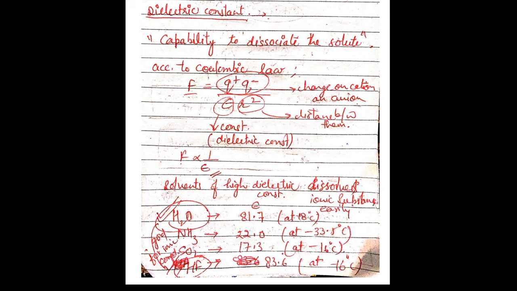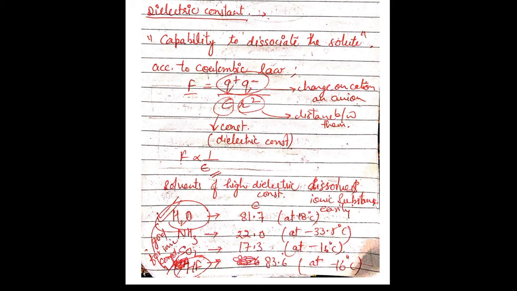According to Coulomb's law, shown in this slide, the force of attraction between two charged ions is given by this formula, where Q plus and Q minus are the charges on cation and anion respectively, epsilon is the constant known as dielectric constant, and R is the distance between those ions.